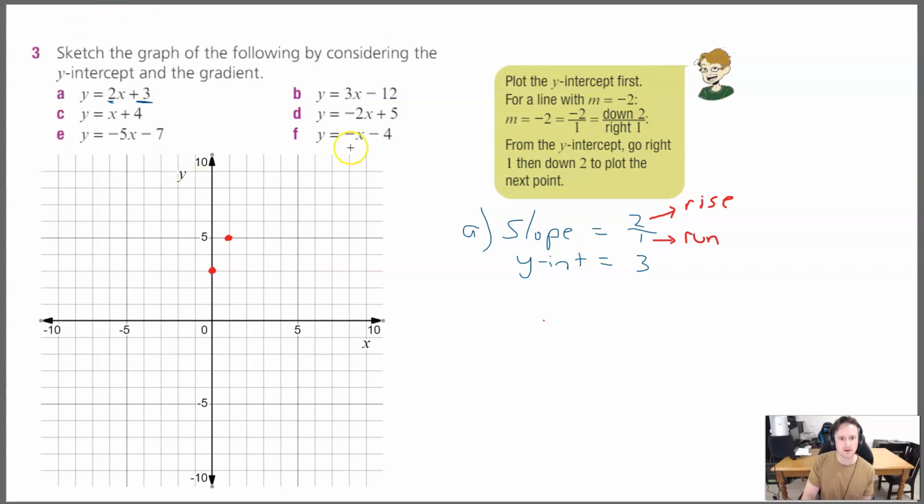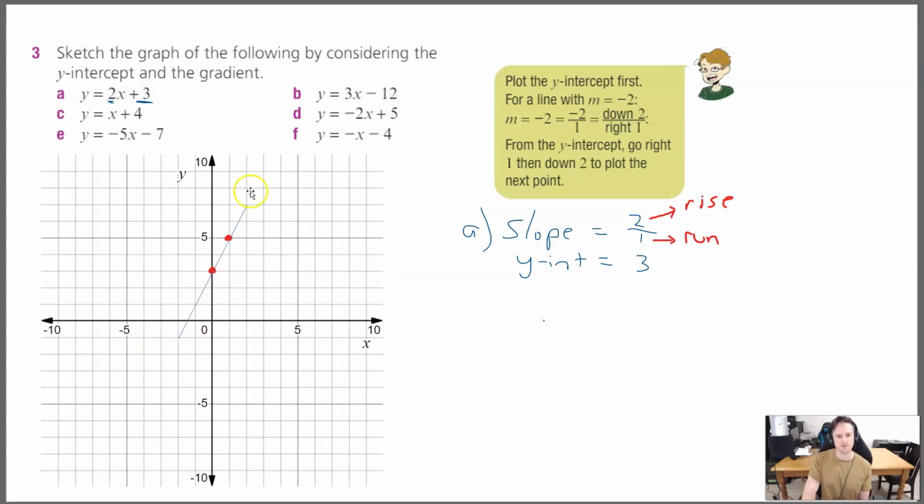Then I can get my line. Now this is a bit tricky, because when you draw a line through 2 points, you want to be accurate first of all, and you can see I'm kind of accurate, kind of not accurate here. And you want to go beyond the 2 points.